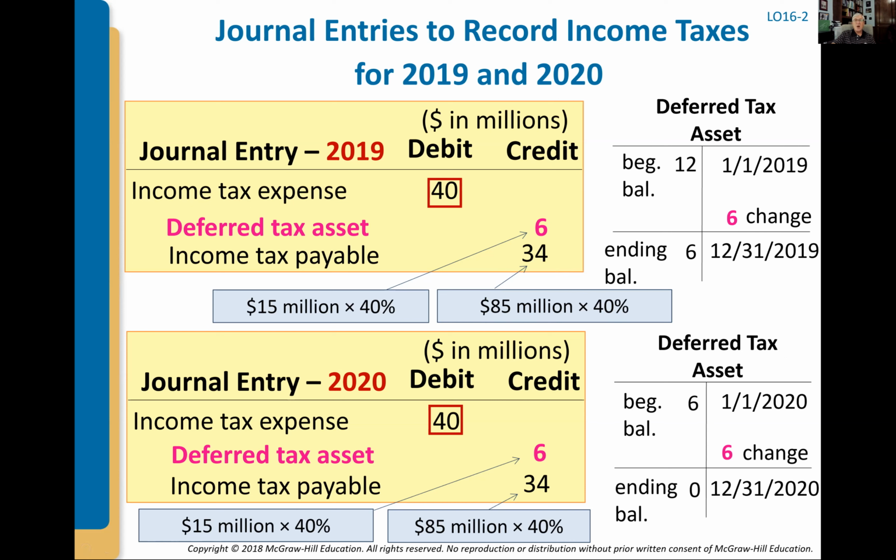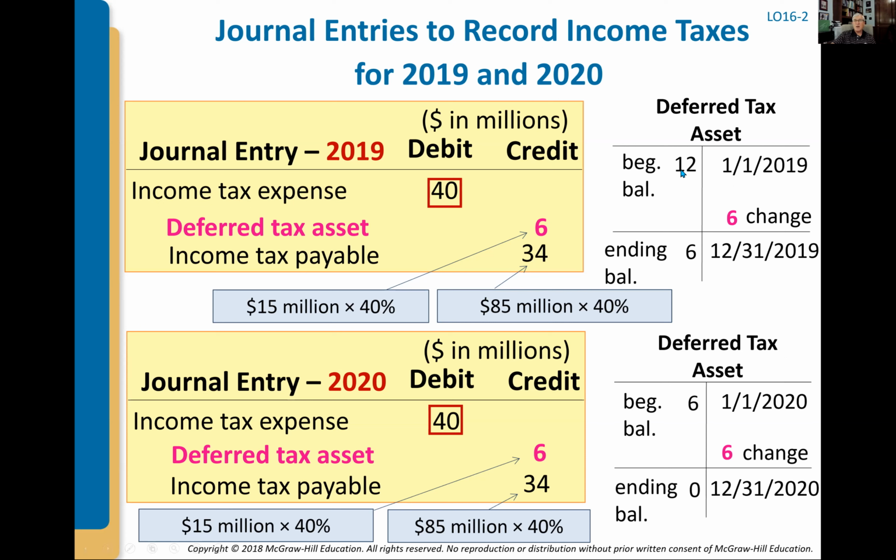Step 2, go get my DTAs right. I started with a $12 million beginning balance from last year. We just calculated that on the previous slide. And I need to end, because I only have $6 million left. I have another $15 million deduction next year. So I need to end with 6 there.